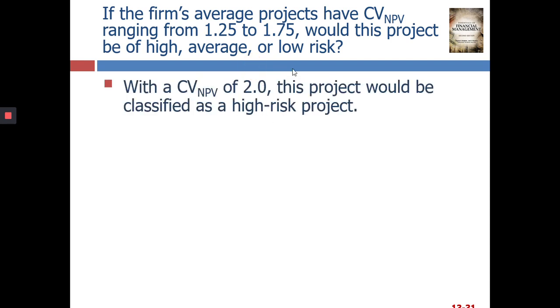When you spend $1, your risk is 1.25, and up to 1.75. This is the normal range, right? But now yours is 2.0, so it's higher than the normal range. So definitely it's a high risk project. So perhaps some sort of risk correction is required for the proper analysis.